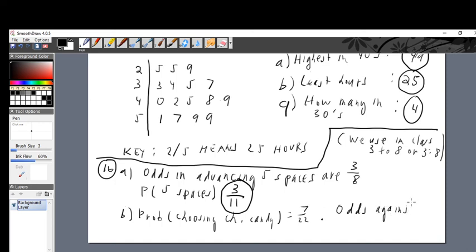Here comes the answer. The answer is 22 minus 7 is the odds against, the chances against it. So it's 15 to 7, otherwise known as 15 to 7. 22 minus 7 is against, so this is the answer for the odds.